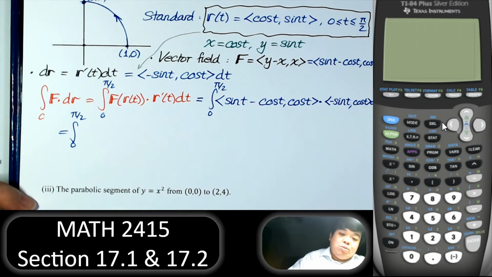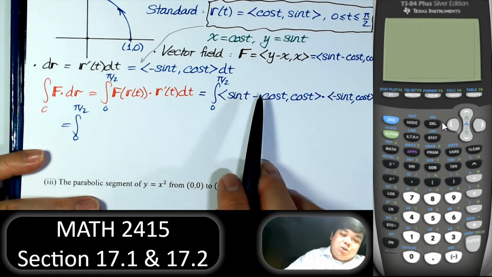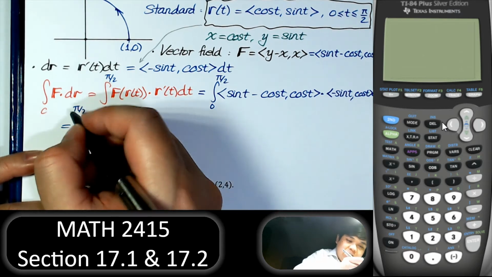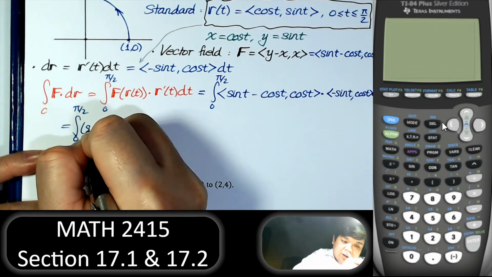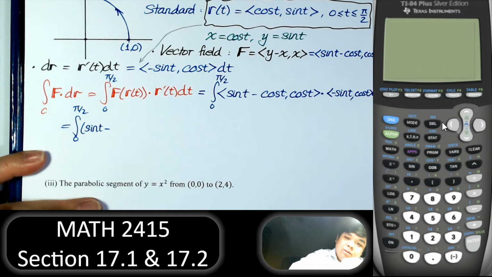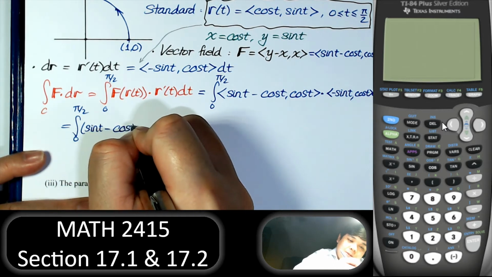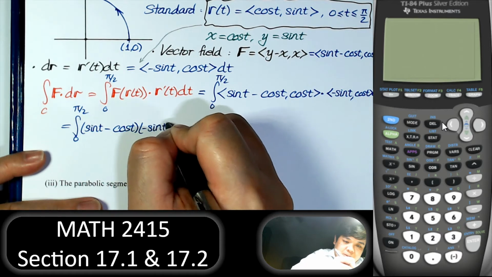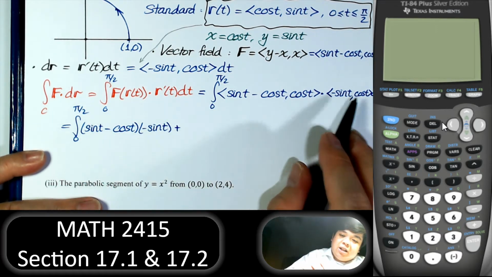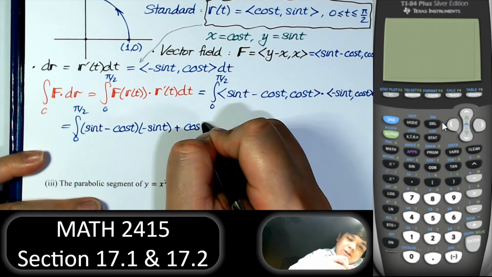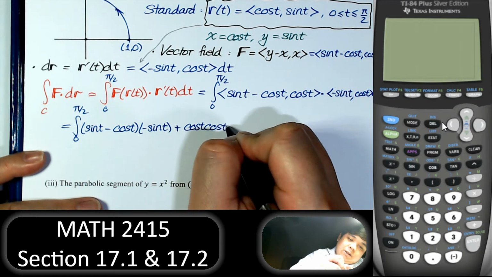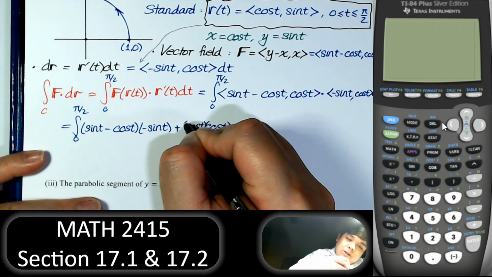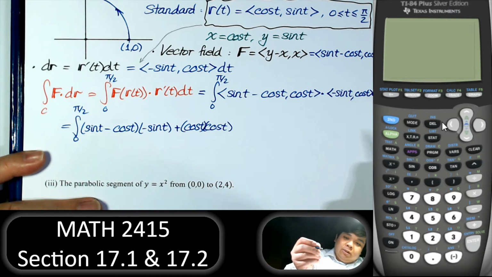This one I have more space, so I write more steps. So we have first times first, plus second times second, and then dt.